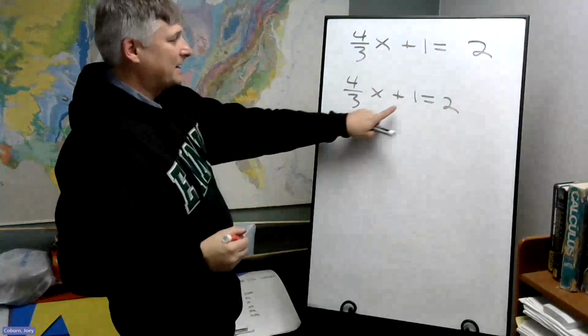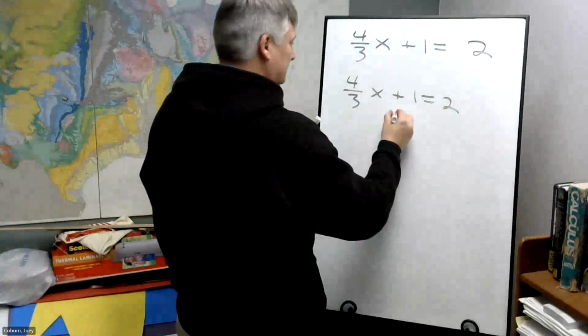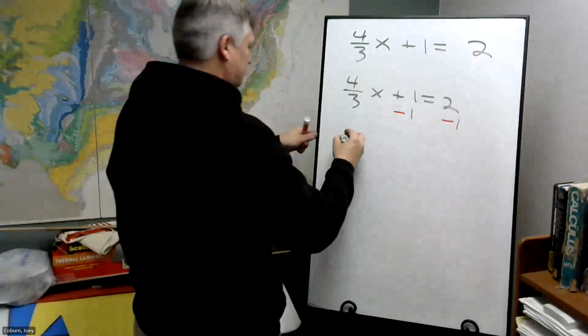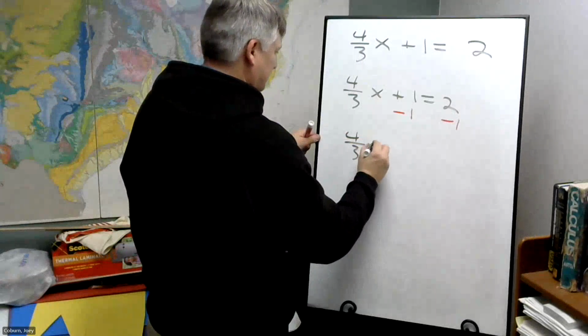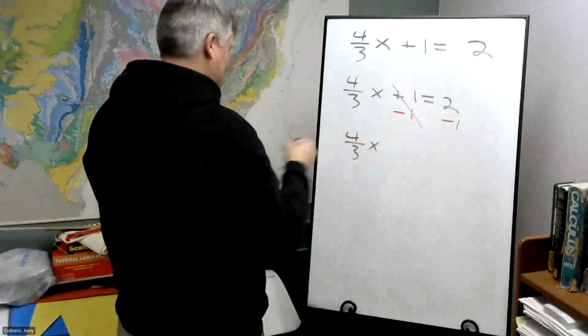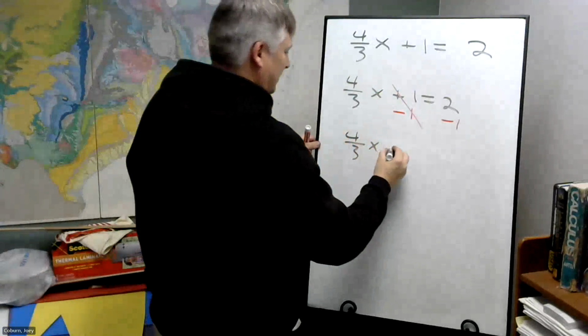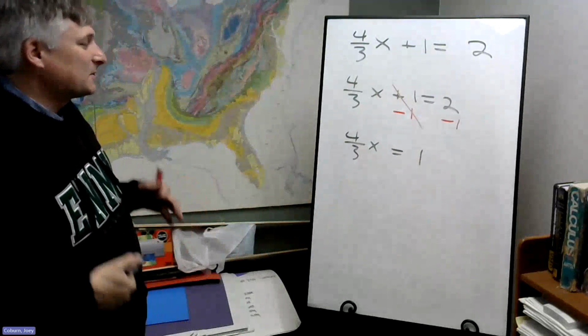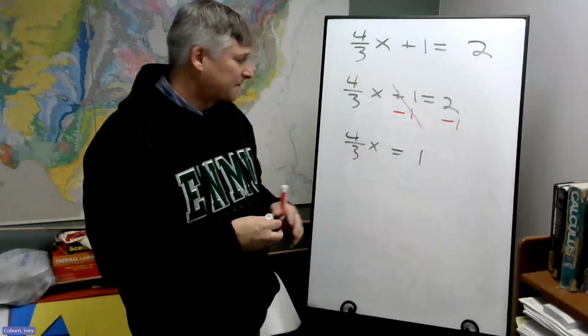The opposite of adding 1 is subtracting 1. These will cancel. 2 minus 1 is just 1. Now, there's a couple things we can do here.